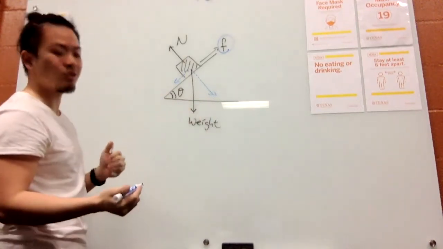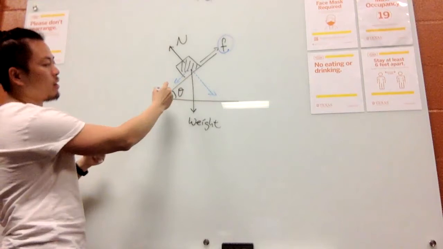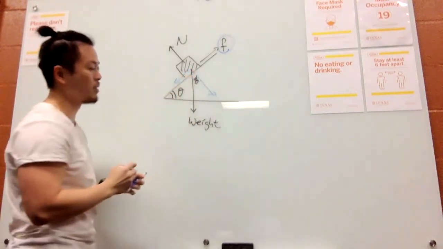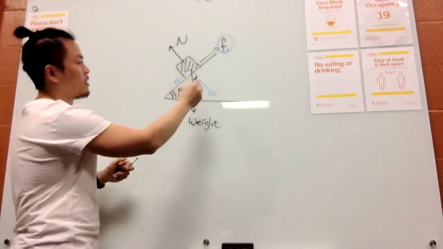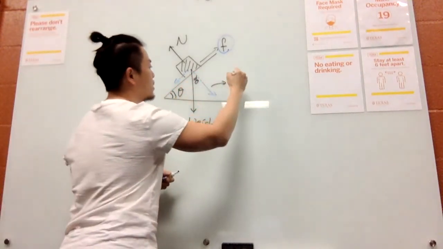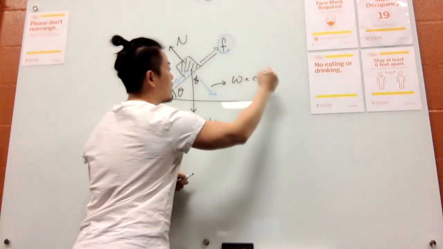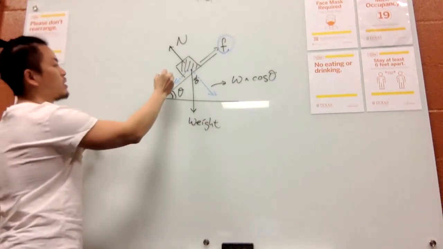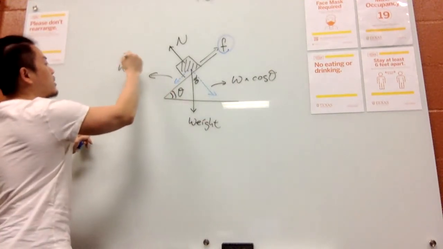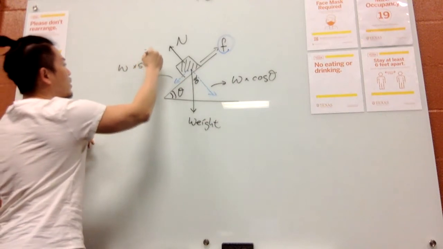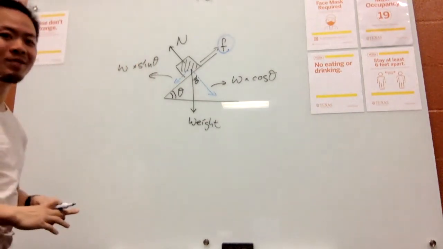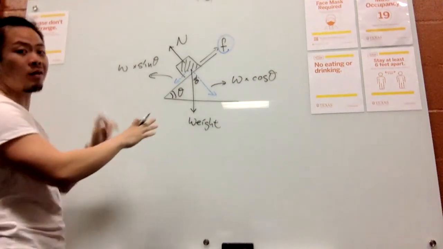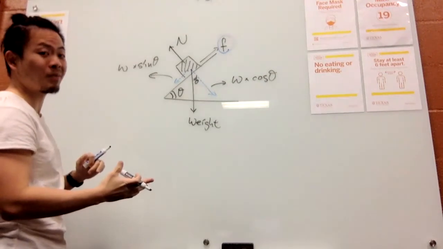And use some trigonometry. We know here is theta, so this angle will be theta. And so this force will be weight times cosine theta. All right. And this force will be weight times sine theta. That's trigonometry. All right, so now we're done dividing all the forces, but then what's the next step?